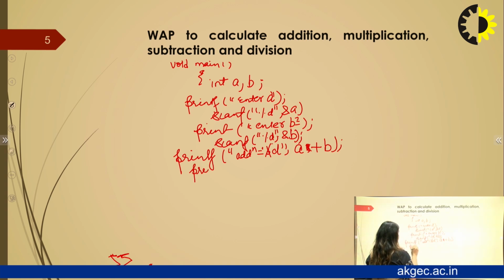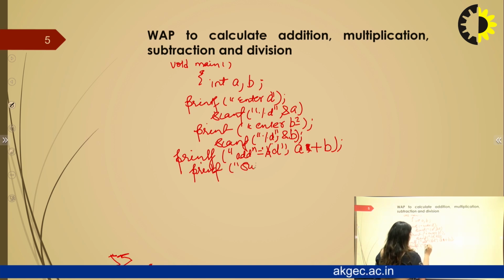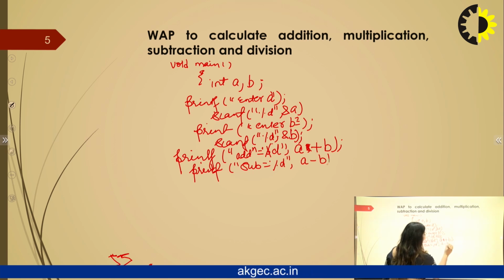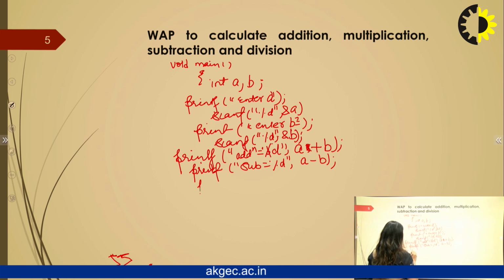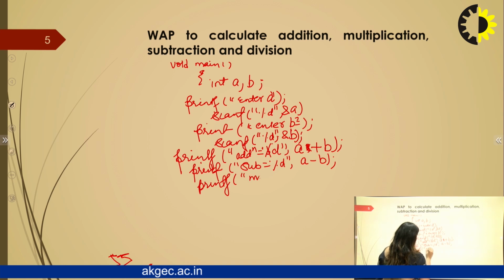Printf subtraction is equal to %d, a minus b. Then printf multiplication is equal to %d, a asterisk b, and then last is division.